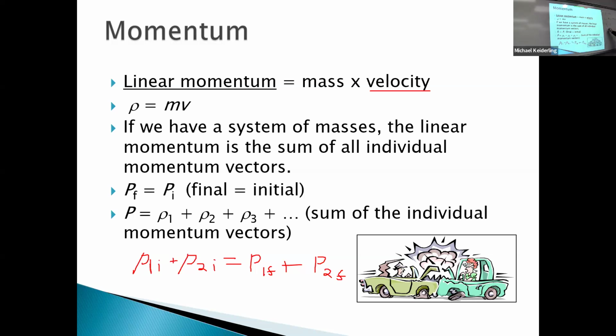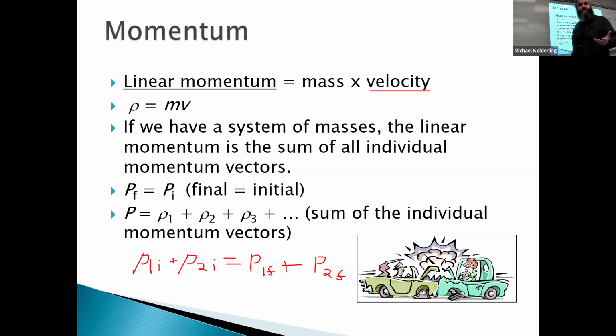So you can think of that as P1 initial plus P2 initial equals P1 final plus P2 final. So you can have the momentum of one thing change, but the total momentum of everything stays the same.